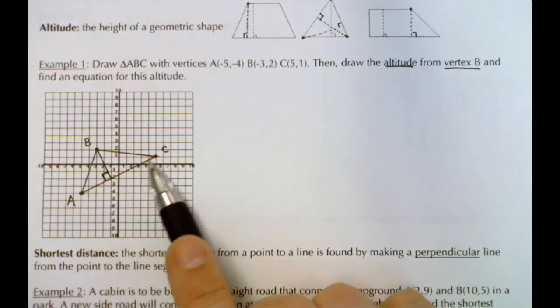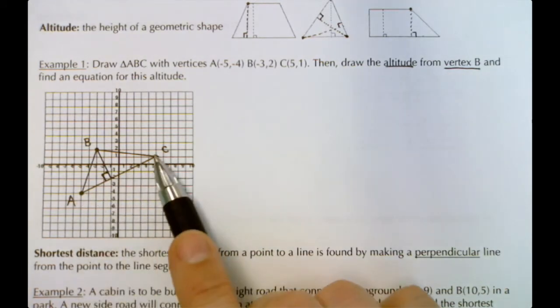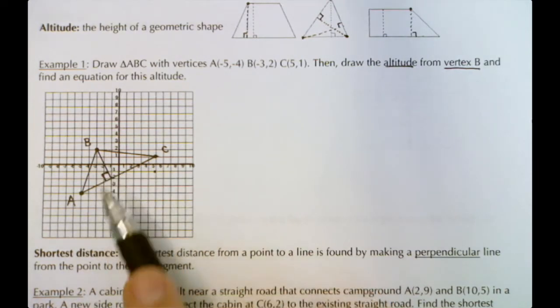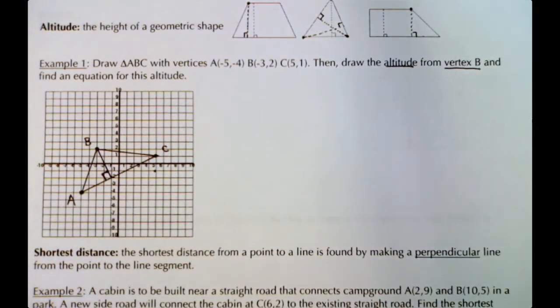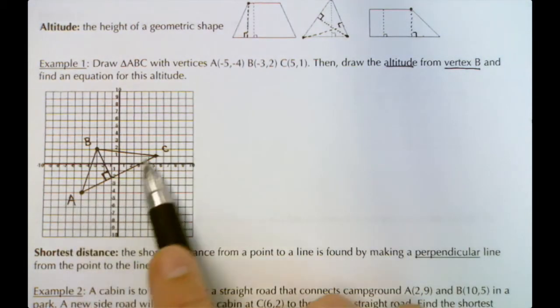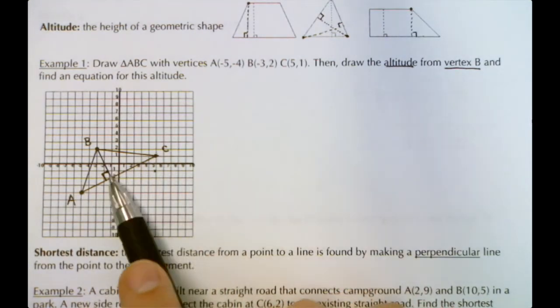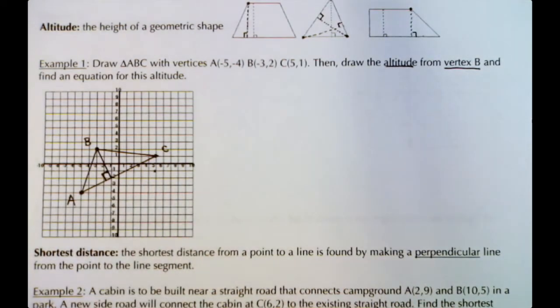And if you remember back from grade 9, we have a property that says if two lines cross at a right angle, they're perpendicular, and that means their slopes will be negative reciprocals. So that means if I know the slope of AC, I can find the slope of my altitude by taking the negative reciprocal.